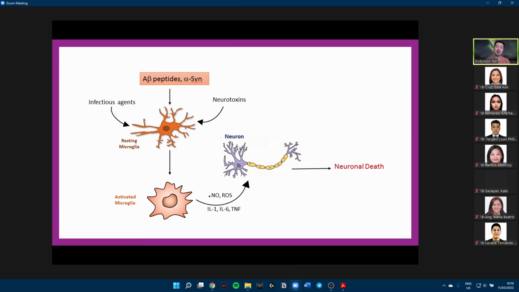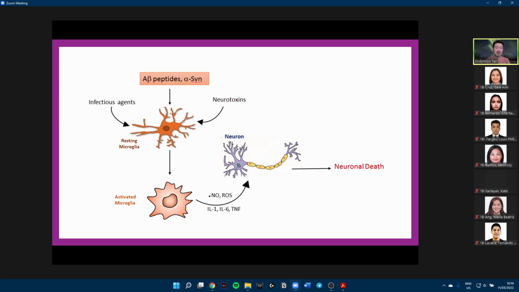Remember our lecture in immunity, the monocytes and the macrophages? The monocytes will enlarge and mature to become macrophages and will just lodge in the tissues. If there is no infection, walang bacteria, walang virus, walang inflammation, the microglia or the macrophages are just there. So in the nervous system, the microglia would serve as macrophages.